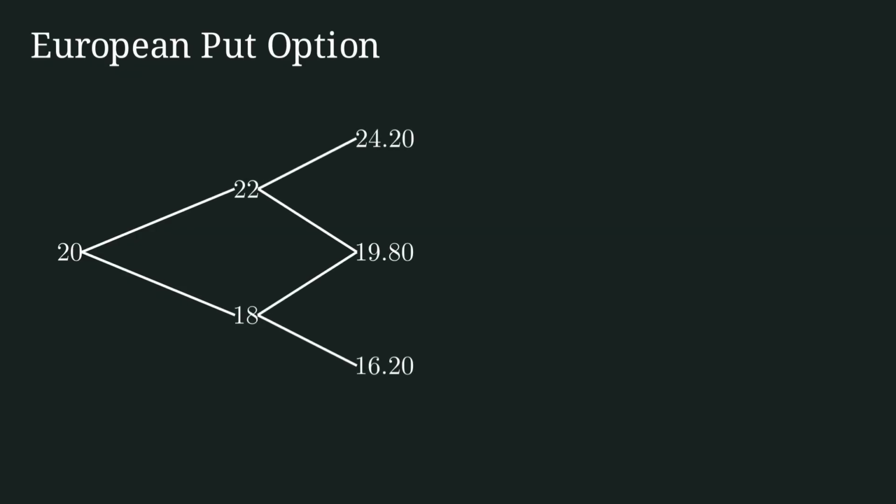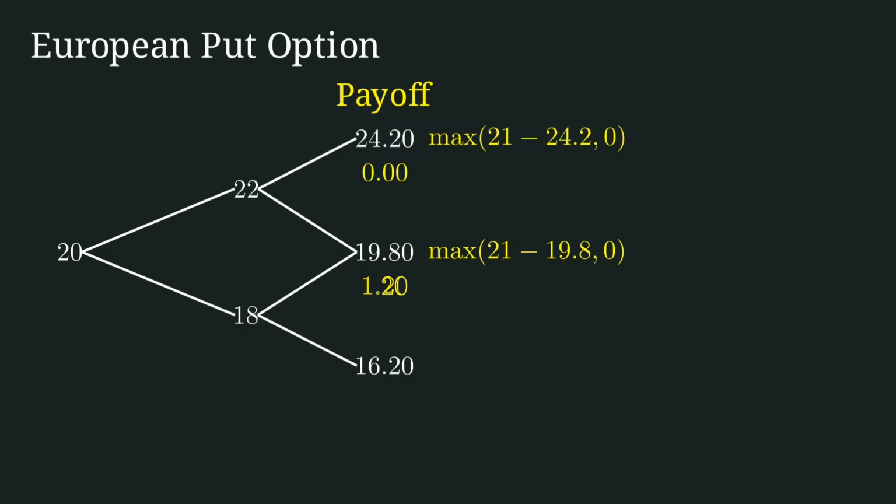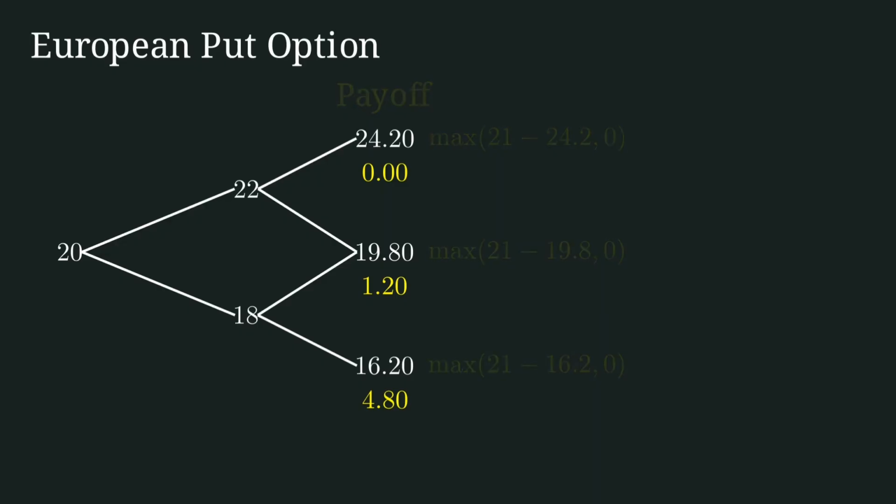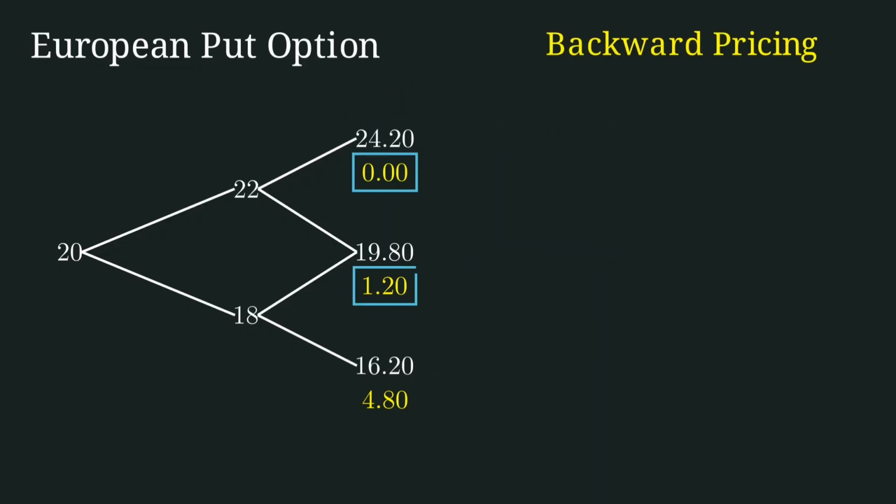So now the factors U and D help us to predict the prices in the next periods, 2 periods as indicated here. Then we calculate the payoff at maturity as indicated here.